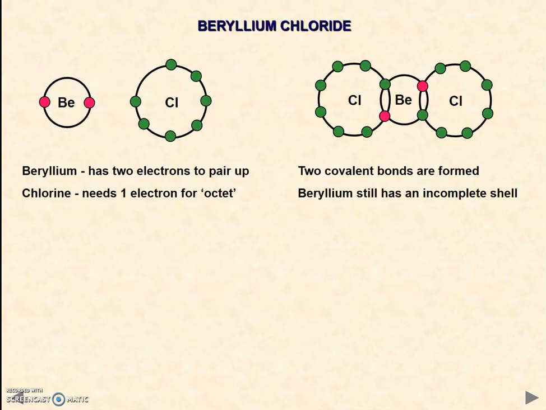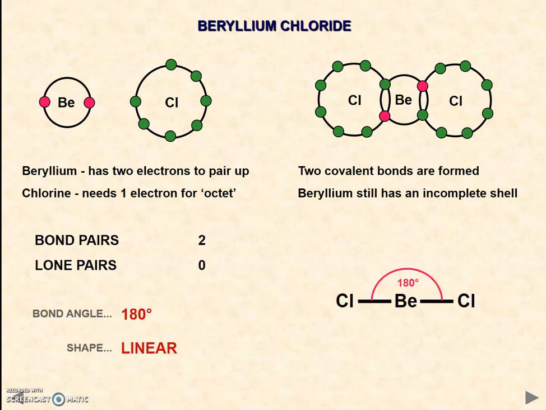So the first example is something like beryllium chloride. Beryllium, you're thinking, oh, it's a metal, but it tends to make covalent bonds rather than ionic bonds. Now, the main principle that we'll say over and over again is that the bonding pairs of electrons need to get as far apart as possible to minimize that repulsion.